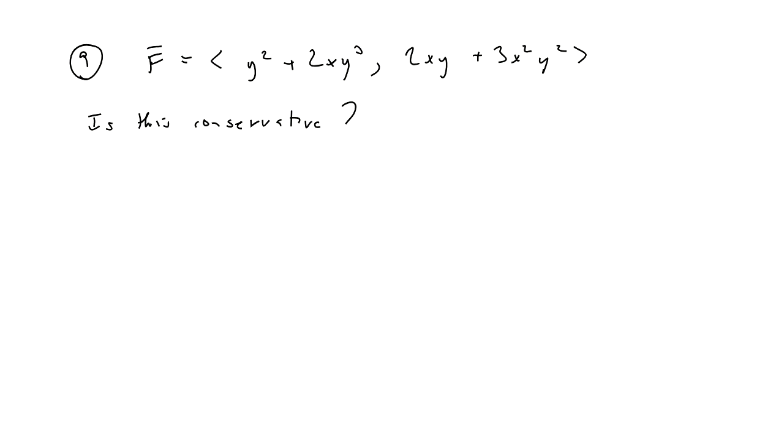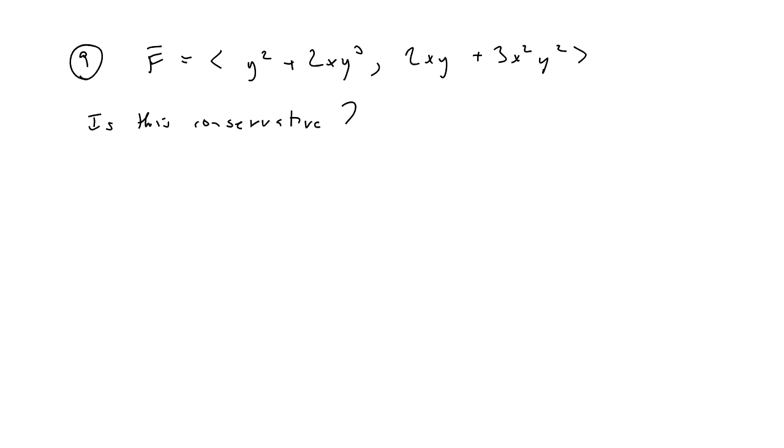Here there's a preliminary question, and for some reason they broke this up into 2 pieces. In 9, you're given this vector field and you're asked if it's conservative, and then in 17, you're given a curve and asked to get the line integral on the curve. So 9 and 17 really go together.